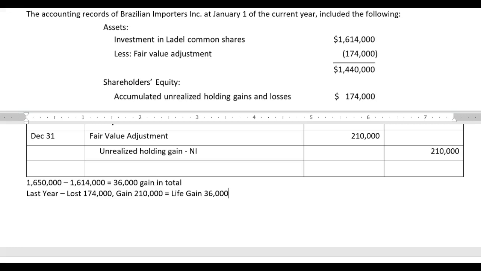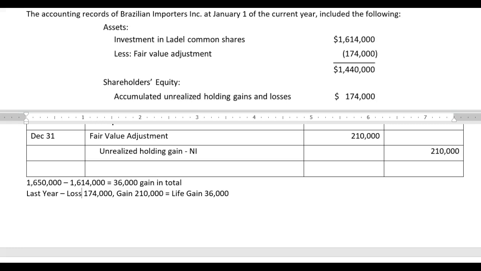But income, revenue, typically speaking, revenue is recognized in the period that it's earned. For fair value option accounting, we consider it earned. We have to report that as income in the period in which the position gains and loses value. Now, it would be disclosed that it's an unrealized holding gain, but it's still reported that way. So for the sake of ease here, we had a loss of 174 last year.